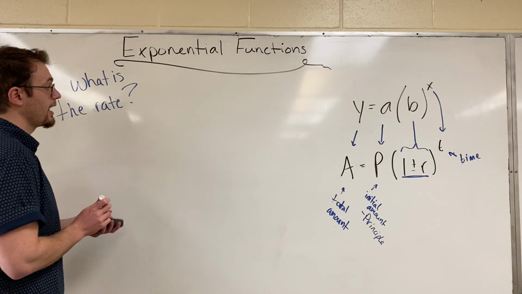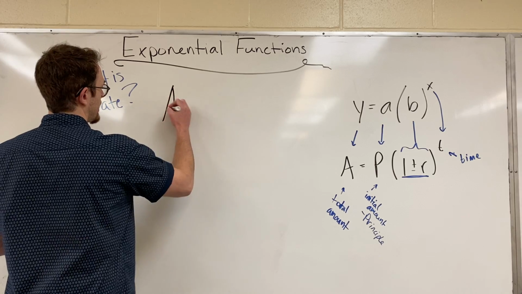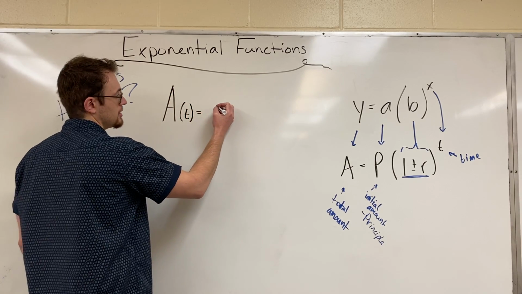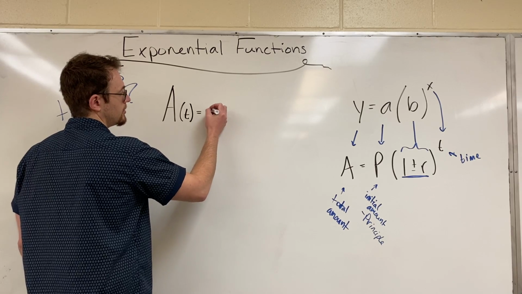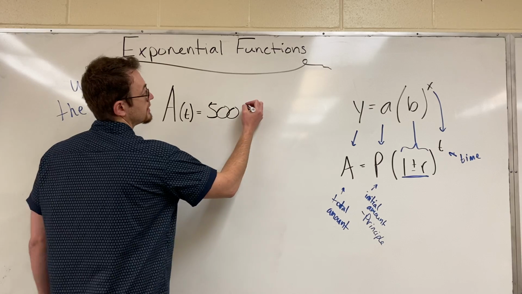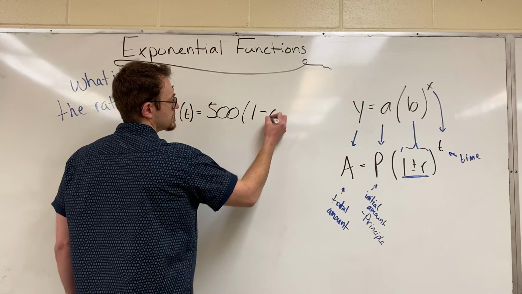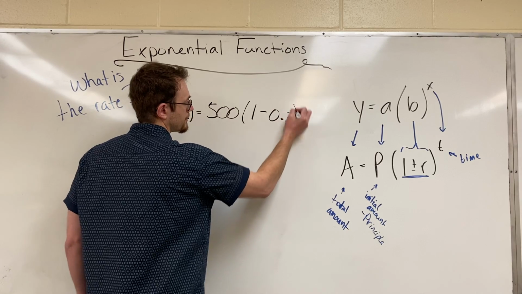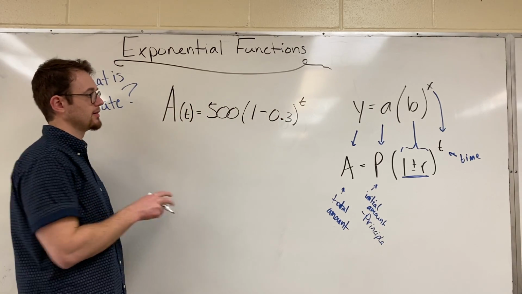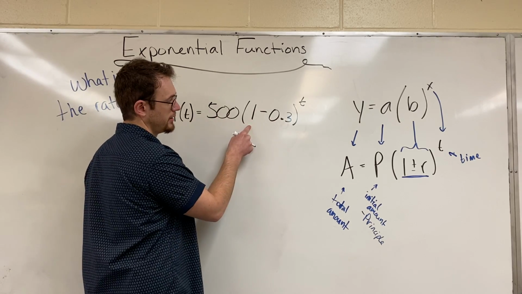All right, so if I have an equation, A over time equals, let's start with, I don't know, $500 times (1 minus 0.3). So what is the rate? I look through these numbers. Okay, well that's P. That's just 1.